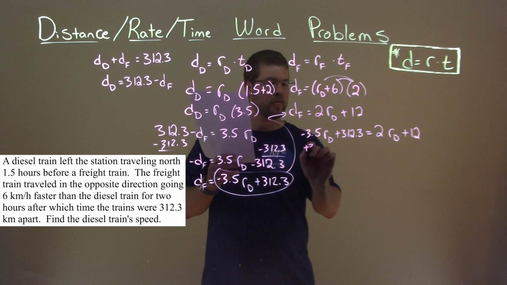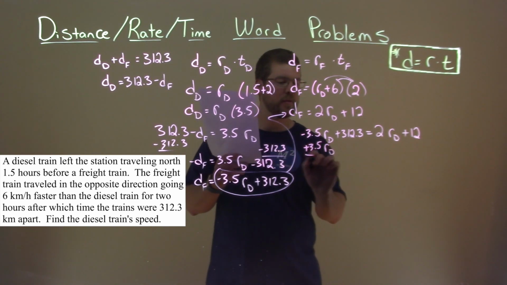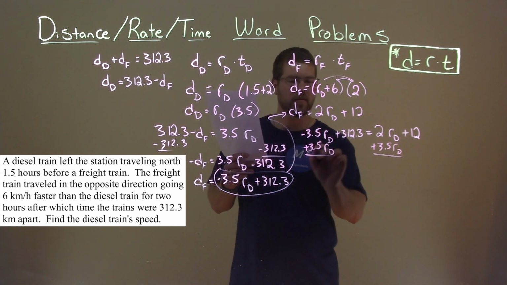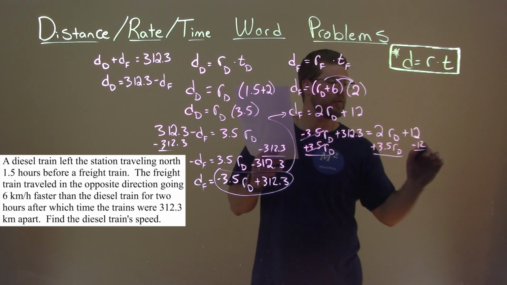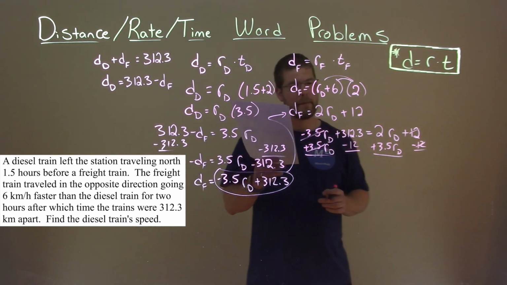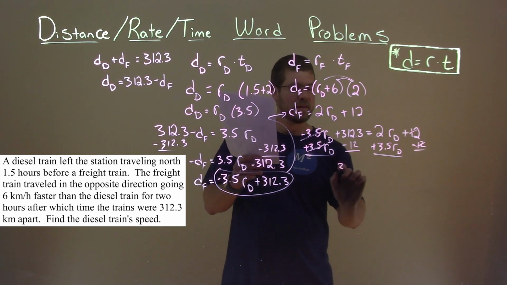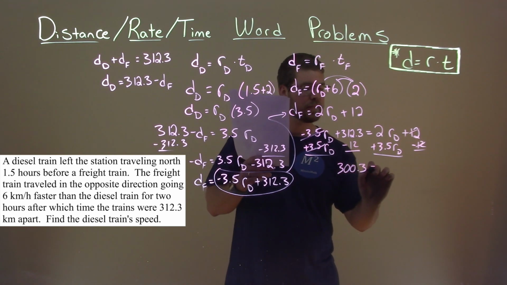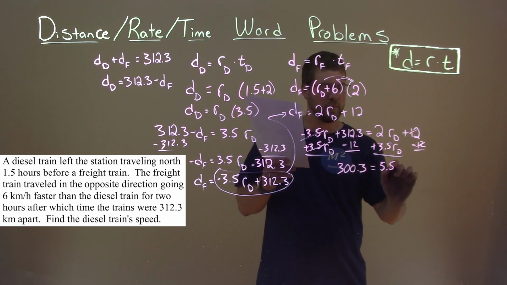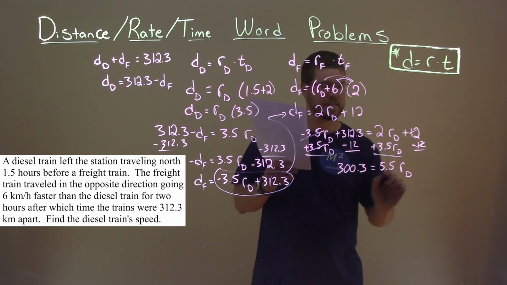I'm going to add 3.5 times the rate of the diesel train to both sides, and this will cancel out. And I'm going to subtract 12 from both sides. That will cancel out. And so 312.3 minus 12 is 300.3. And 2 plus 3.5 is 5.5. And that's being multiplied by r sub d.